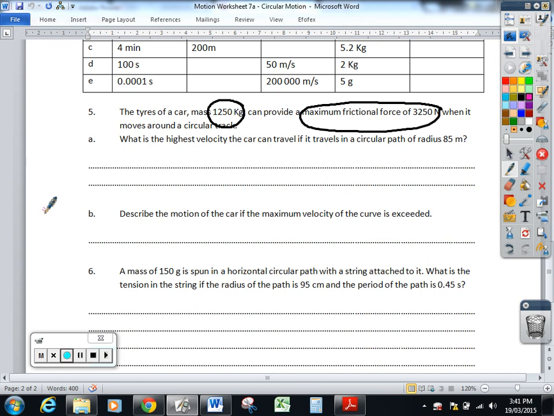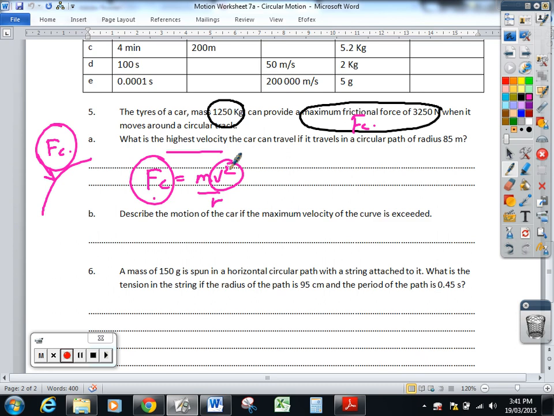Remember, when we're talking about tyres in a car, the maximum frictional force will be the maximum centripetal force. So this becomes simply Fc. And when that's the maximum Fc, then that will be the highest velocity using this formula. So Fc equals mv squared on r. Maximise this value, you maximise that value.